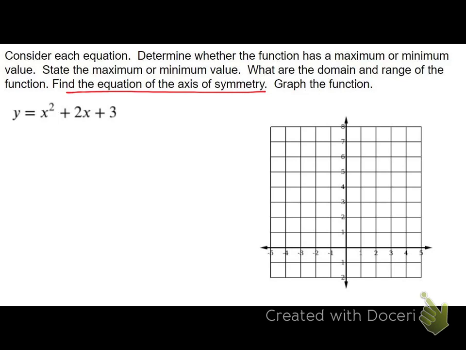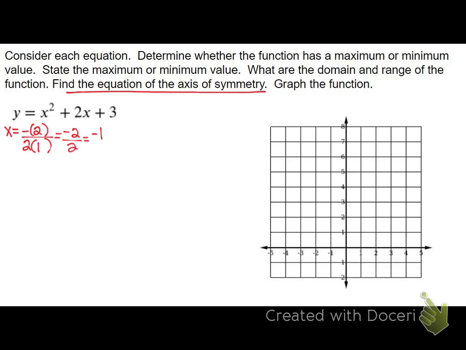Danny, tell me how to get my axis of symmetry. You have to do x equals -b over 2a. Okay. And what do I substitute for that b? 2. And what do I substitute for a? 1. Which then equals? -2 over 2, then equals? -1.